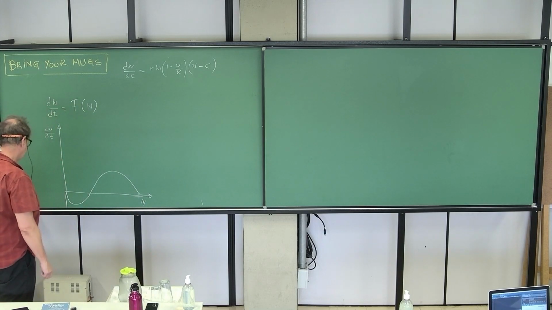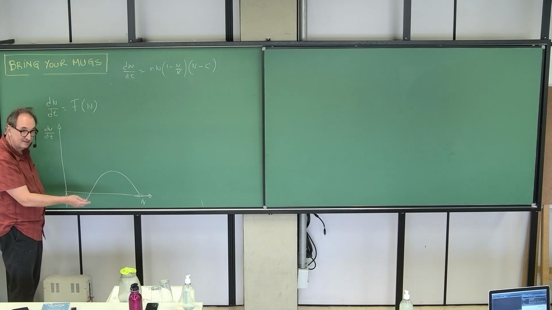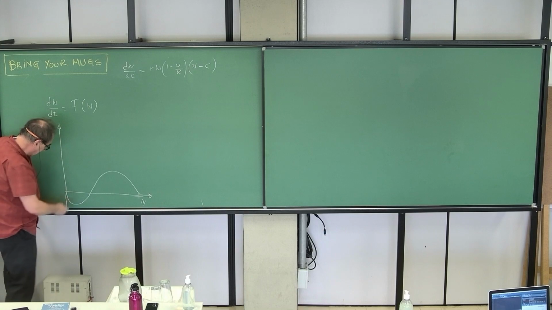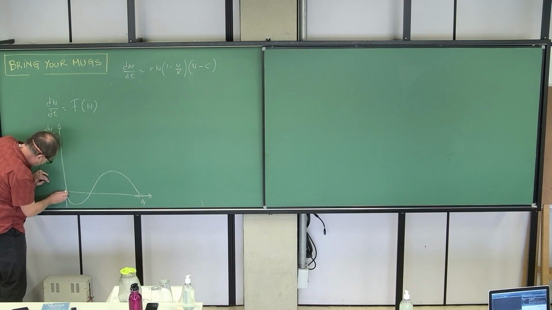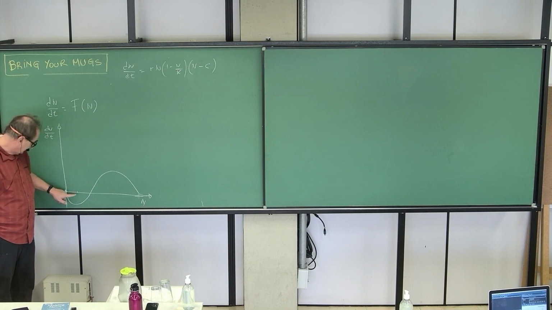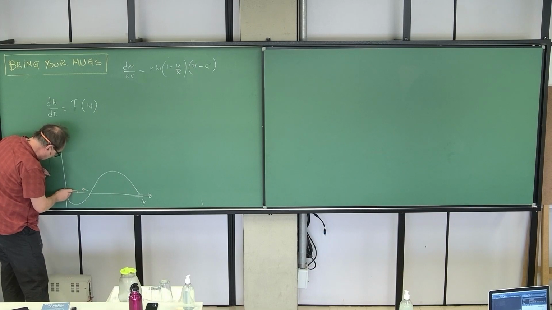So here you have an up and down. We discussed that this point is stable. If you are here, you will never get here, because this point is unstable, so you always get back to 0.